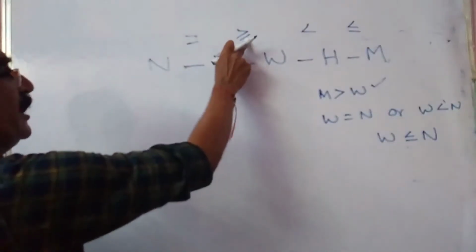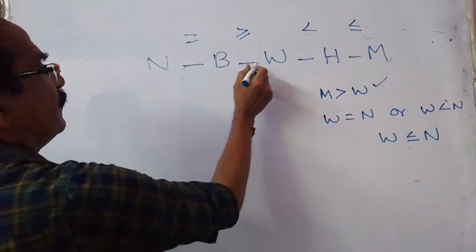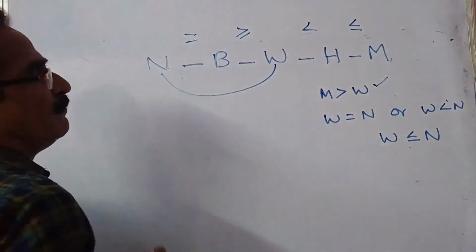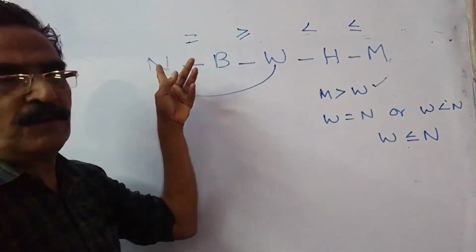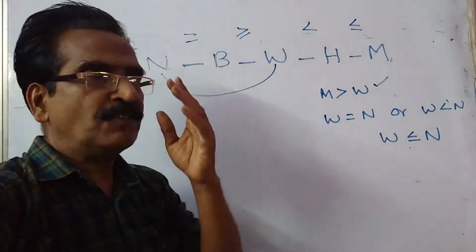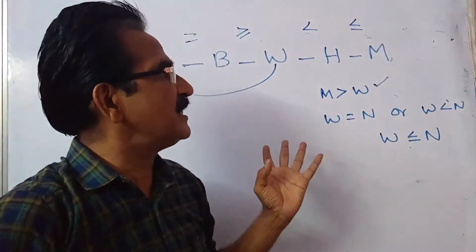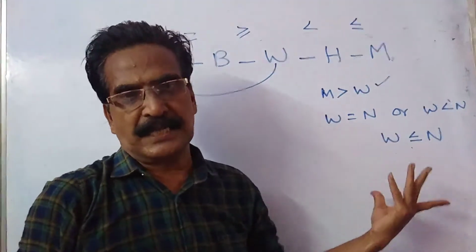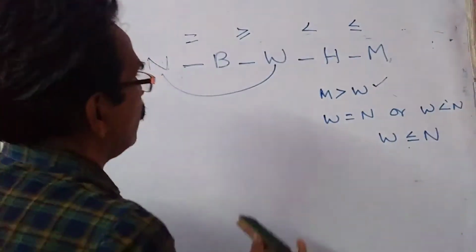W less than or equal to P. P is equal to N. So W less than or equal to N. So fifth option satisfies these two conclusions. Okay, friends. Now let us see the next problem.